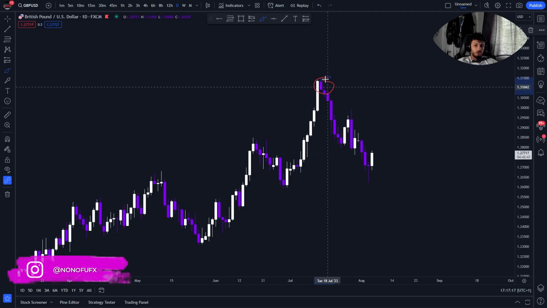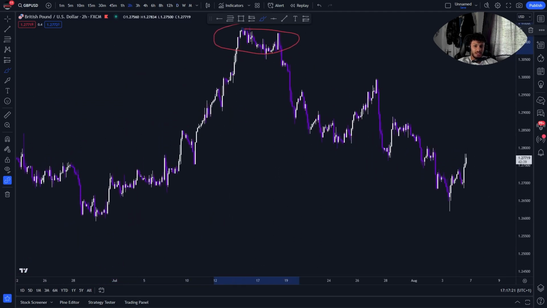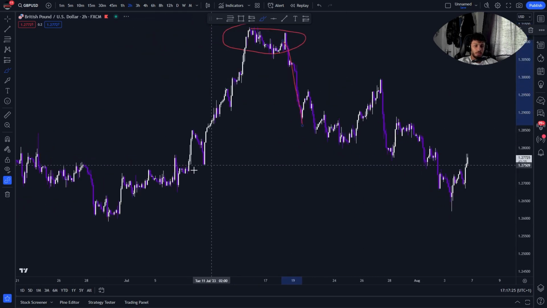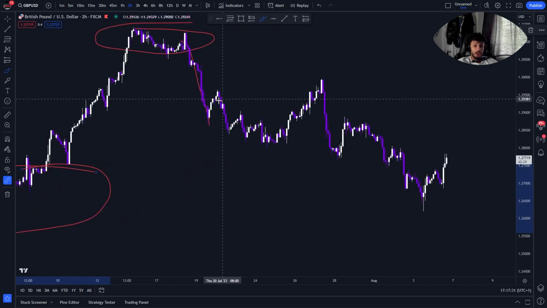Why? Because the closer you are to the top, the larger the sell you can expect it to be. Look at this. It's a much larger sell in comparison to as you approach the demands right here, the different demand zones. In the more discounted area, your ranges are going to be much smaller, so your expectation of your trade has to be lower as well.